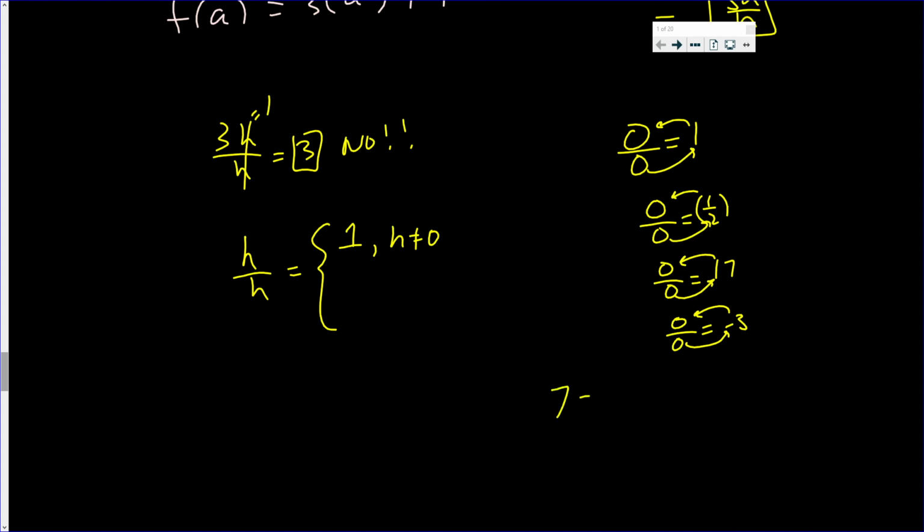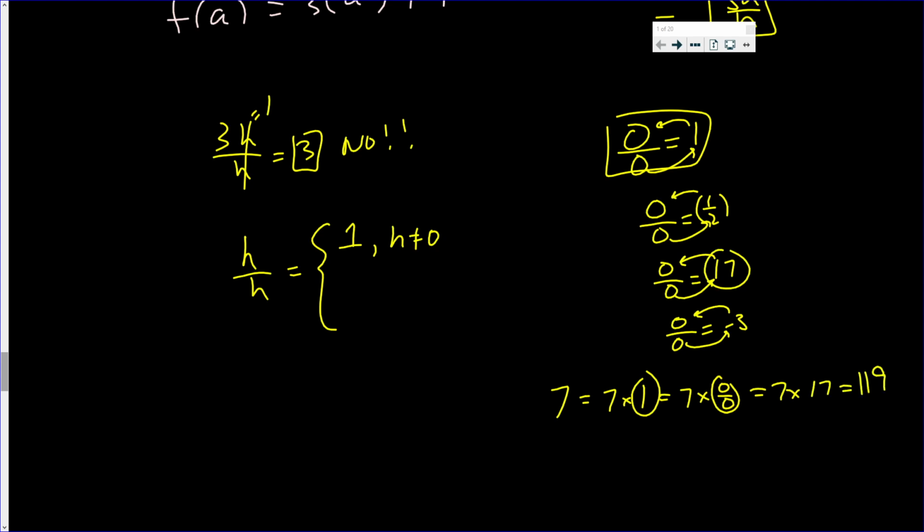I mean, after all, isn't 7 equal to 7 times 1? And it equals 7 times any other way of writing 1, which is 0 over 0. I mean, that's 1, but 0 over 0 is also 17. And 7 times 17, if I'm doing my math right, is $119.